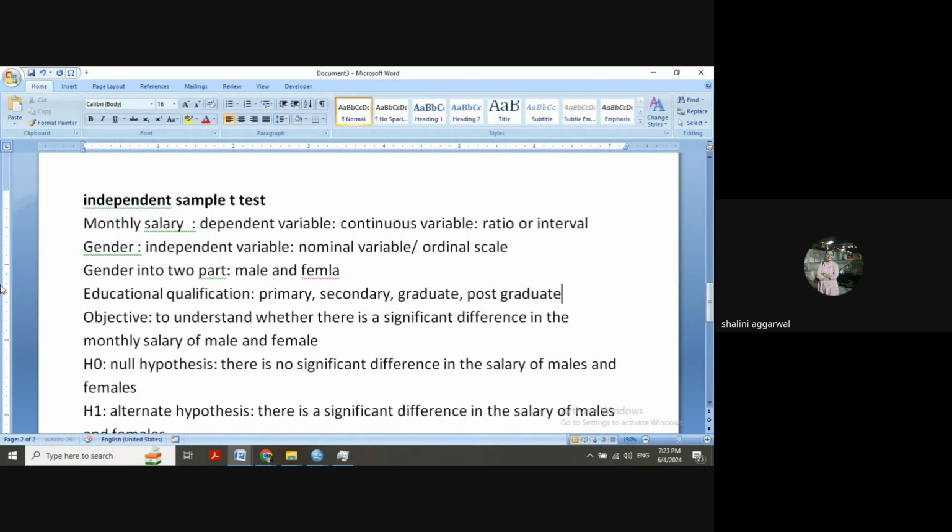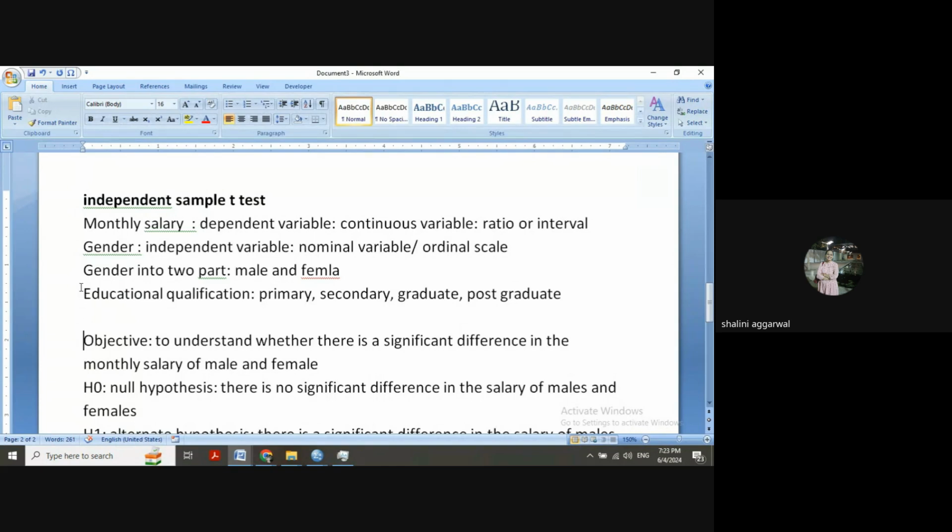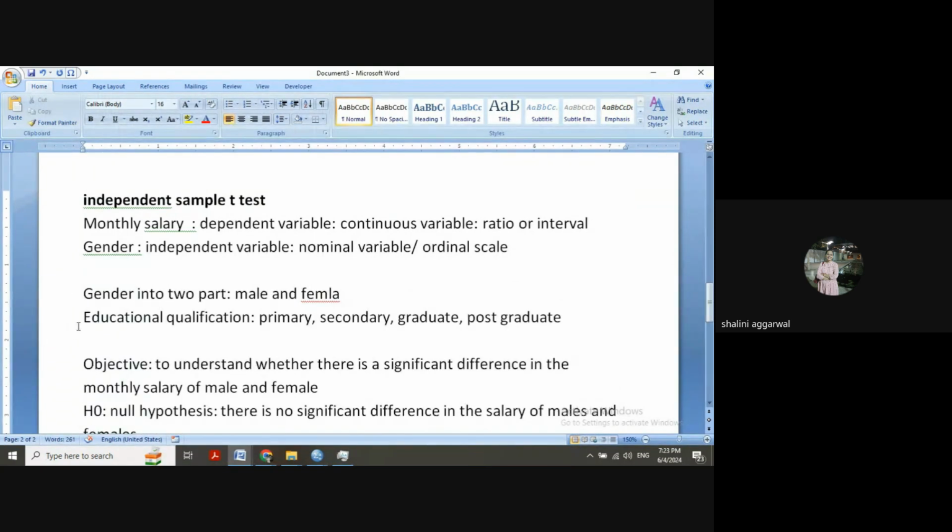Yahan par you can see this independent variable. Let me give you an example of two independent variables. Gender we categorize into two parts, that is male and female. Educational qualification we can categorize into more than two parts. So when the independent variable can be categorized only into two parts, then we apply the independent sample t-test.